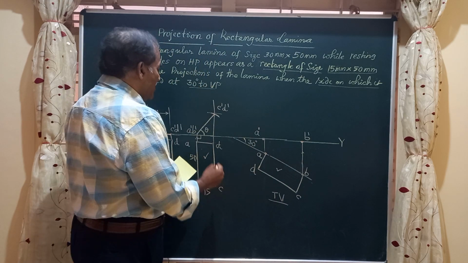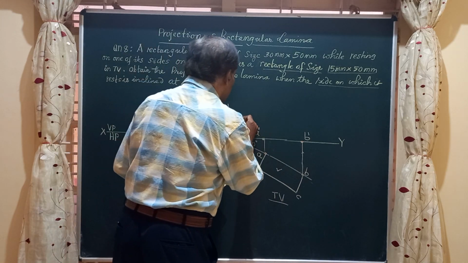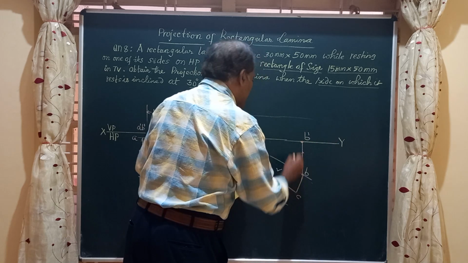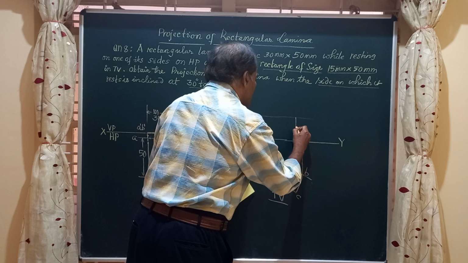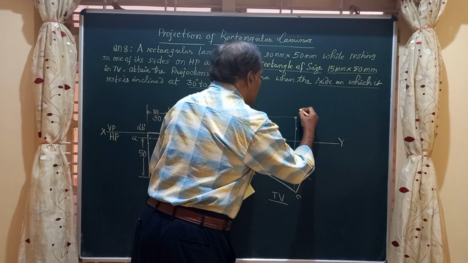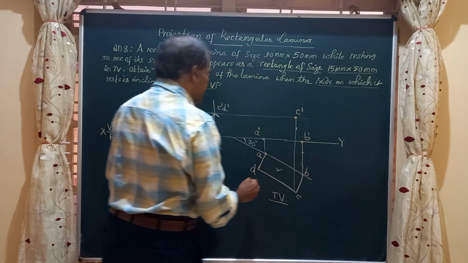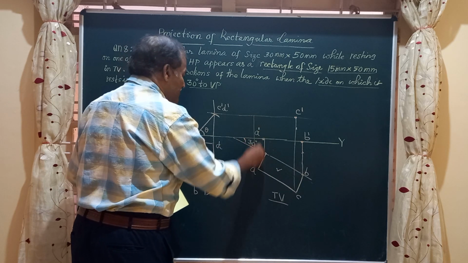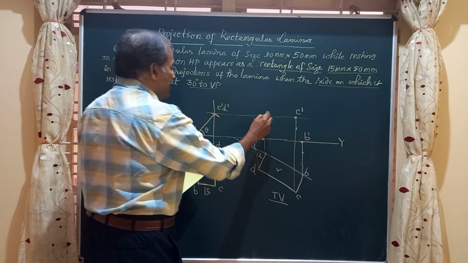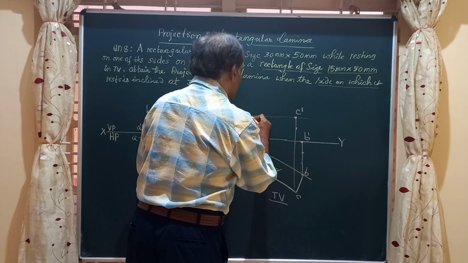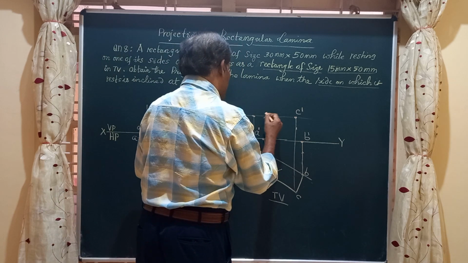Likewise, draw a horizontal from C, a vertical from C. The point of intersection of these two will give you C dash. Finally, D. Draw a vertical line from D, a horizontal line from D dash. The point of intersection will give you D dash.